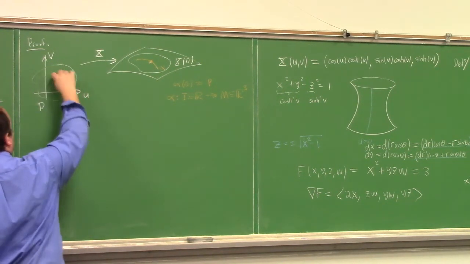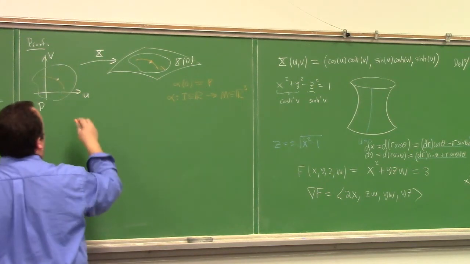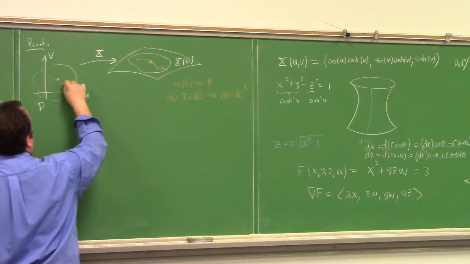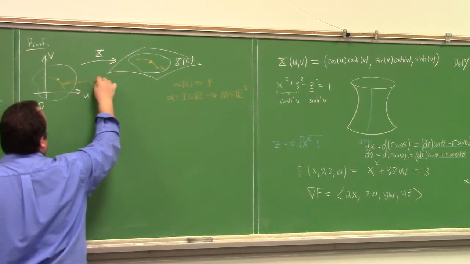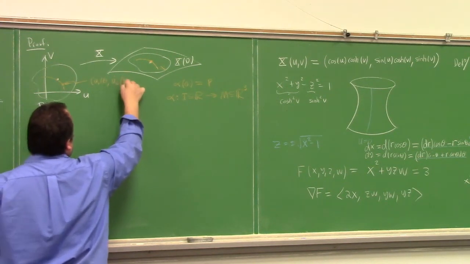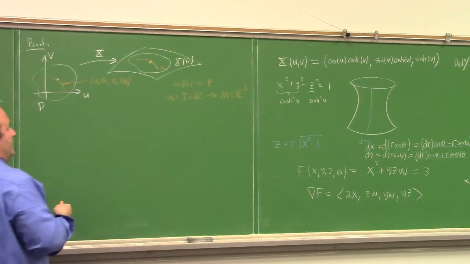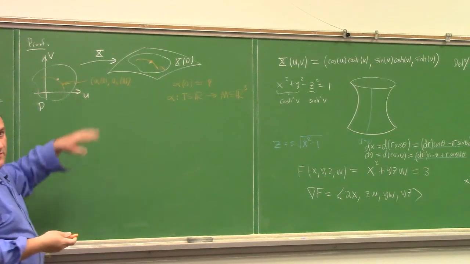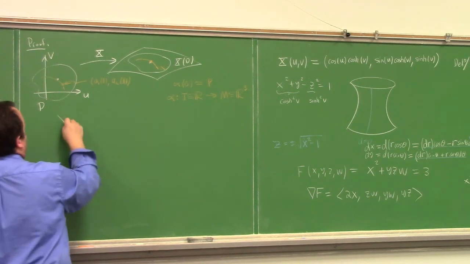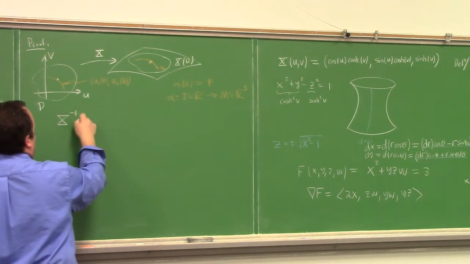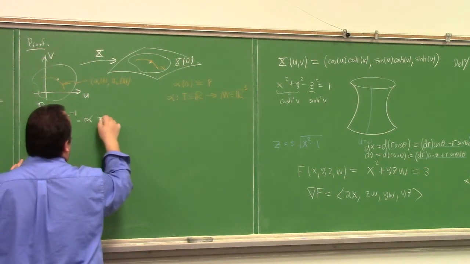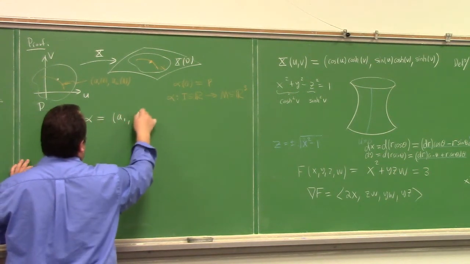We'll call a typical point A1 of t, A2 of t. In other words, we'll let X inverse composed with alpha be (A1, A2).